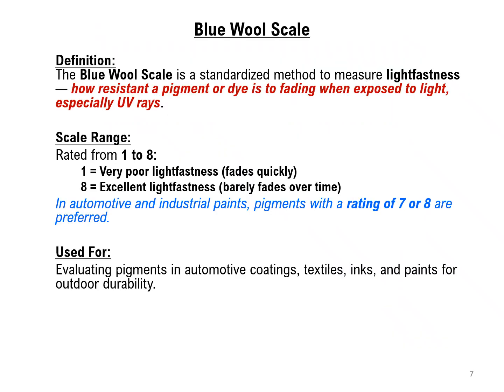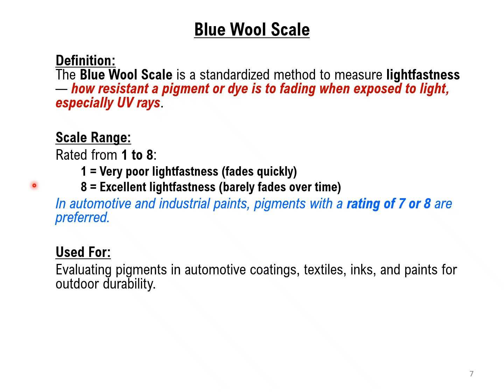The blue wool scale is a standardized method to measure light fastness, that is, how resistant a pigment or dye is to fading when exposed to light, especially UV rays. The scale is from 1 to 8. 1 is very poor light fastness, that is, it fades quickly, and 8 is excellent light fastness, that is, it barely fades over time.